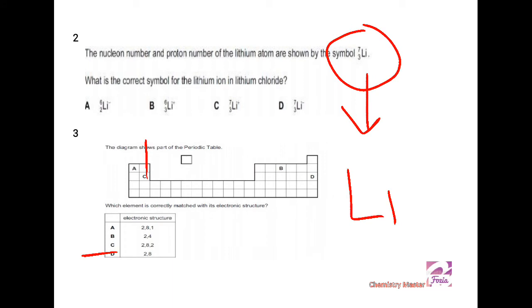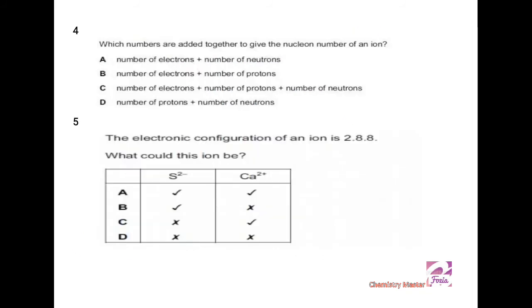But when we see the period number of D, it is 1, 2, 3. It is in the third row. So there must be one more electronic shell written here. So according to my concepts, C is the correct answer. MCQ number 4: which numbers are added together to give the nucleon number of an ion?